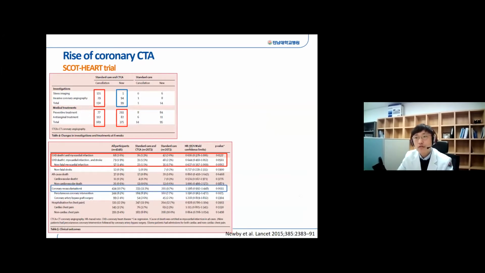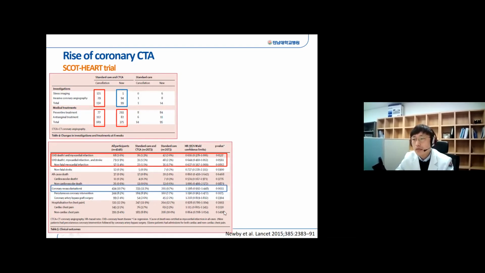Representatively, the SCOT-HEART trial showed more treatment changes in the patients initially diagnosed with standard imaging modality plus cardiac CTA as compared to standard imaging modalities only.